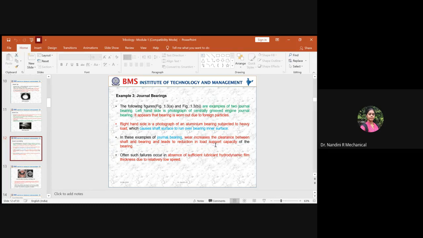And also the load bearing capacity has to be fine-tuned by the bearing. If the load is more than the load bearing capacity also, this rubbing wear usually comes into picture. These kinds of failures usually occur in the absence of a lubricant hydrodynamic film thickness.